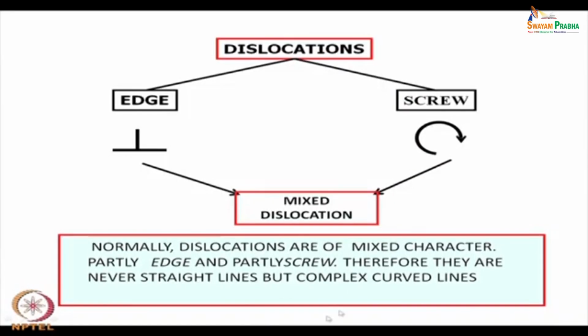So, when we talk about a dislocation line, it is not always a perfect screw or a perfect edge dislocation. They may be composed of many combinations of edge and screw dislocations, and therefore they become very curved lines. Normally dislocations are of mixed character, partly edge and partly screw, and therefore they are never straight lines, but complex curved lines.